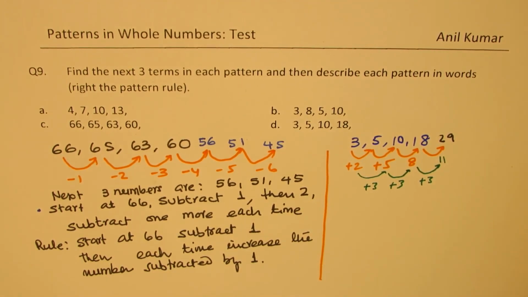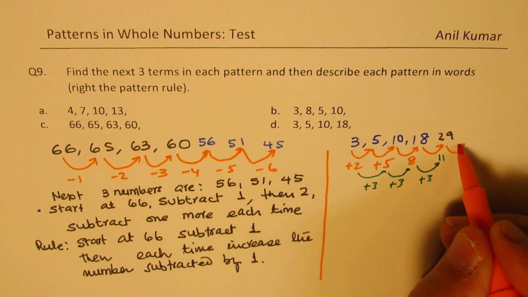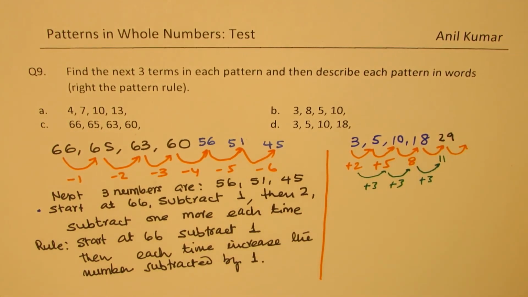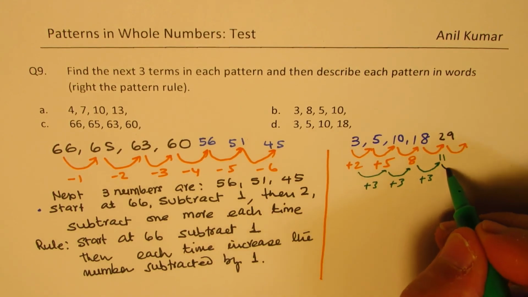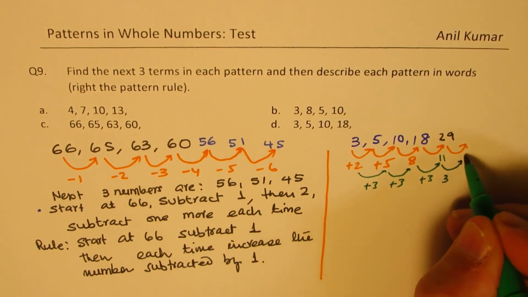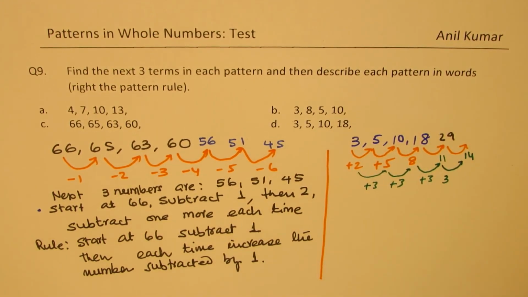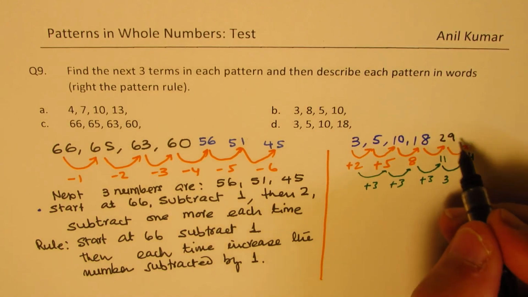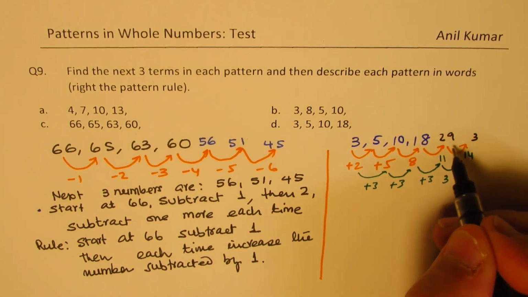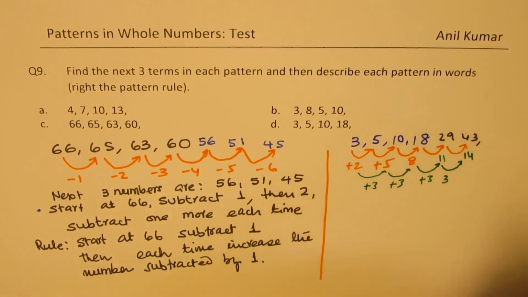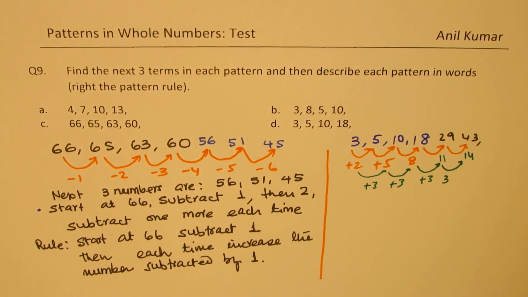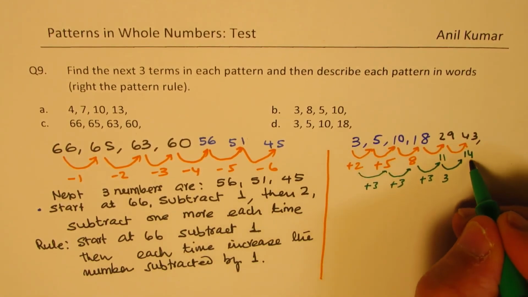So likewise, you can expand. And this time, we have to add what? Well, 3 more than 11, which is 14. And when you do so, you get 4 plus 9 is 13, and then 43, right? And next number to be added is 3 more than 14, right?